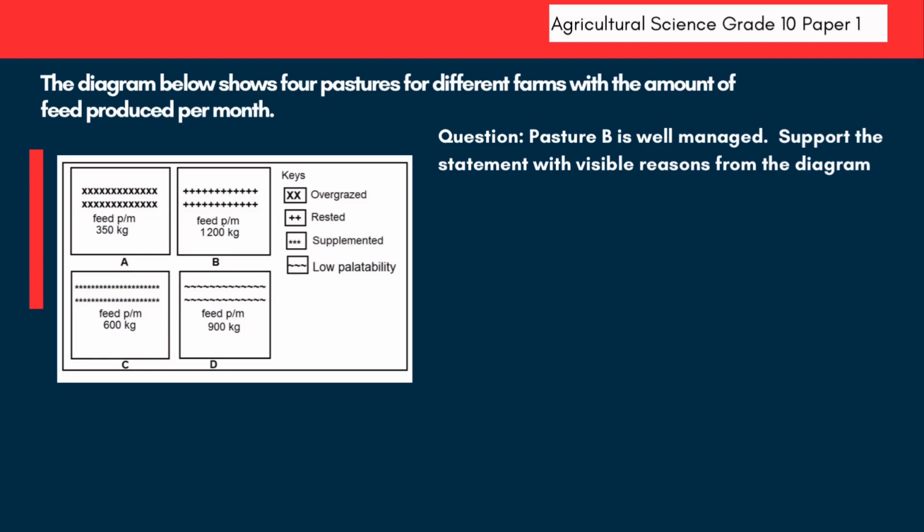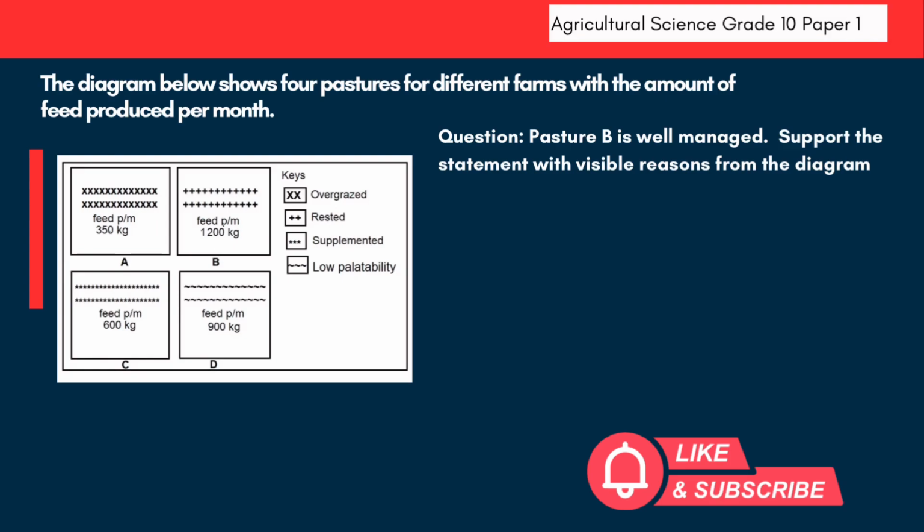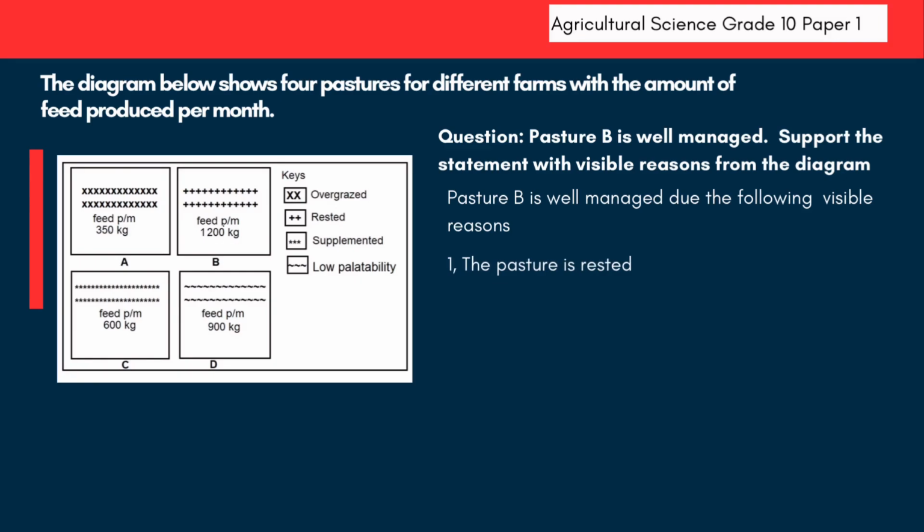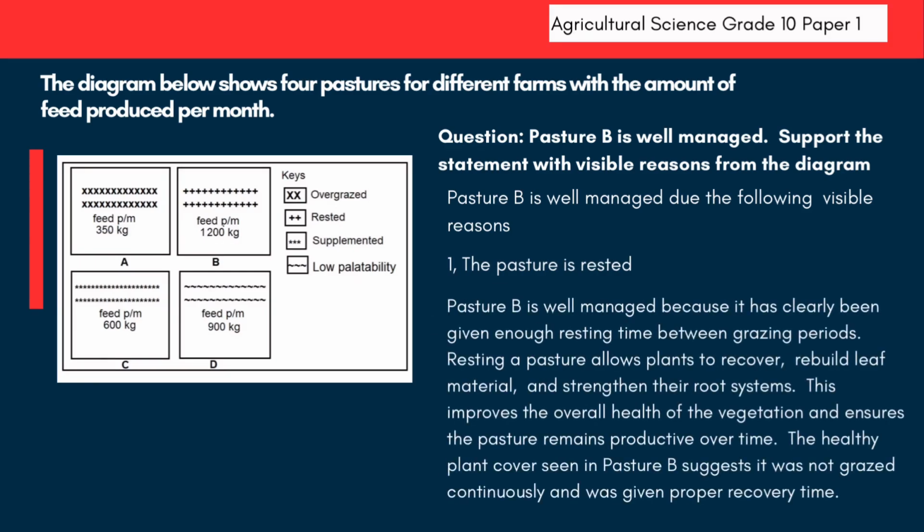Question: pasture B is well managed. Support the statement with visible reasons from the diagram. Pasture B is well managed due to the following visible reasons. 1. The pasture is rested. Pasture B is well managed because it has clearly been given enough resting time between grazing periods.